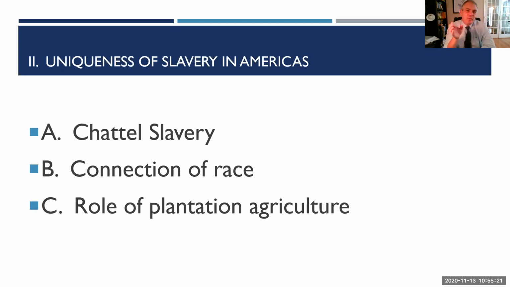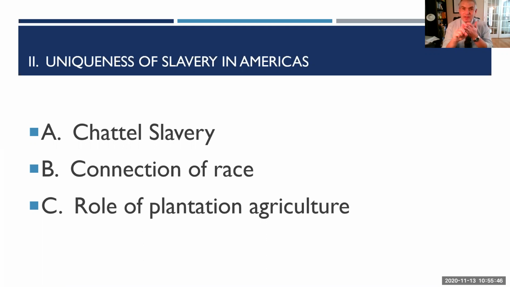And then the last thing we want to note is the role that plantation agriculture plays in this development of the slavery system in the Americas. So we'll talk more about this in a second. But the idea is that as the Portuguese and the Spanish come over to the Americas, they begin to cultivate crops, sugar being amongst the highest of them.